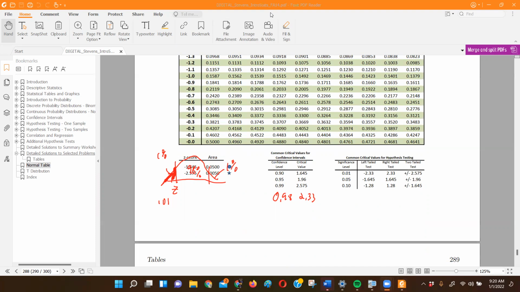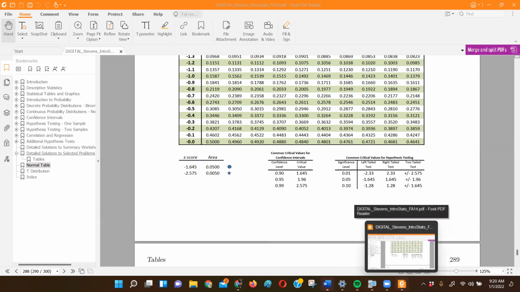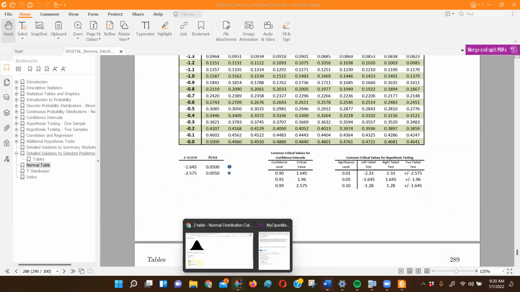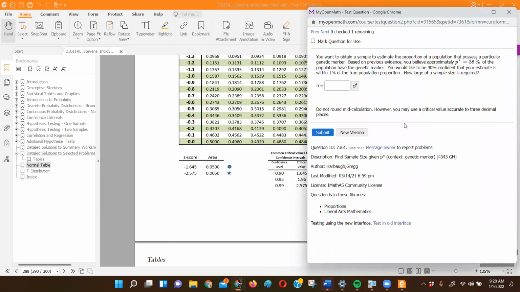Let's see, I'm going to clear all my writing, and let's come back and look at that problem. Let's see, where was it? It was a MyOpenMath problem, wasn't it? Here we go. So we want to come up with a 90% confidence interval that's within 1% of the true population, using the old estimate of p hat, or p, as being 0.38 or 38%.